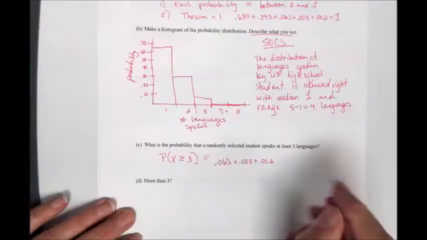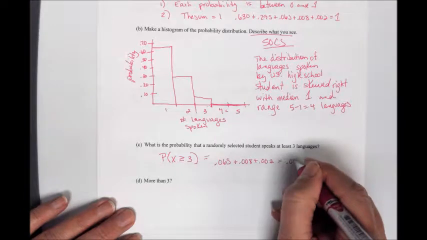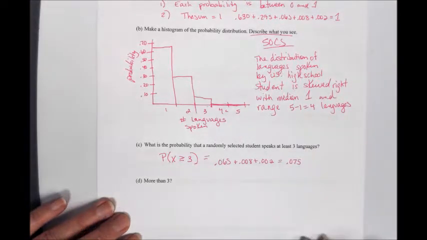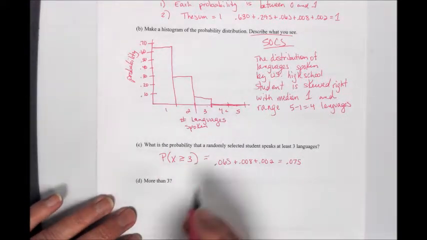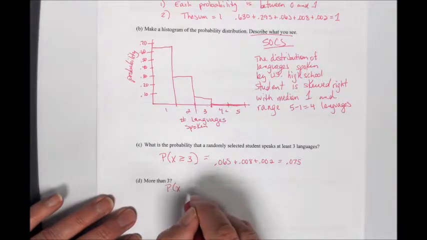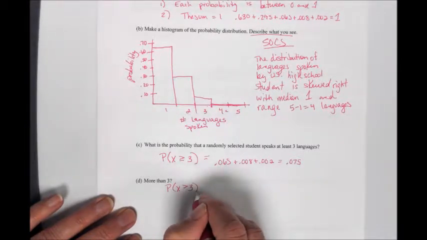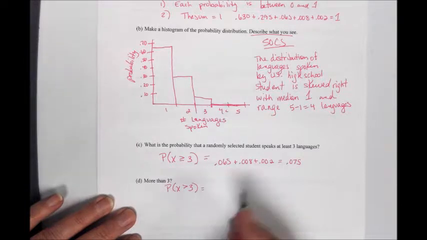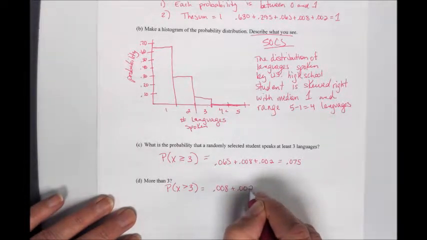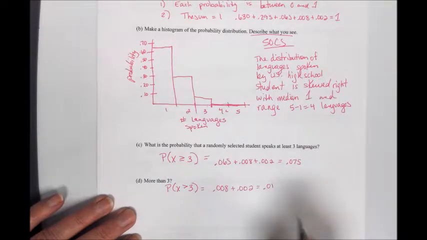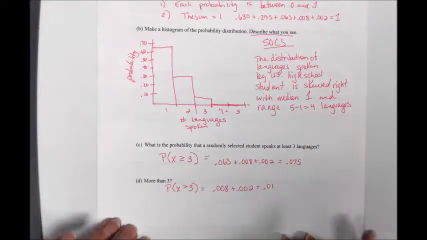So that would add up to 0.075. So about 7.5% of these randomly selected students speak at least 3 languages. More than 3 is not or equal to, so more than 3 would be adding just 4 and 5. So now we go down to 1%, speak more than 3 languages.